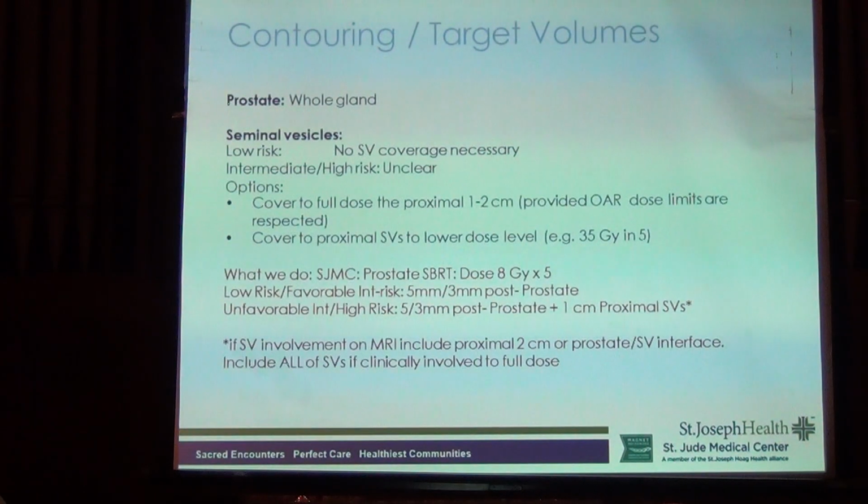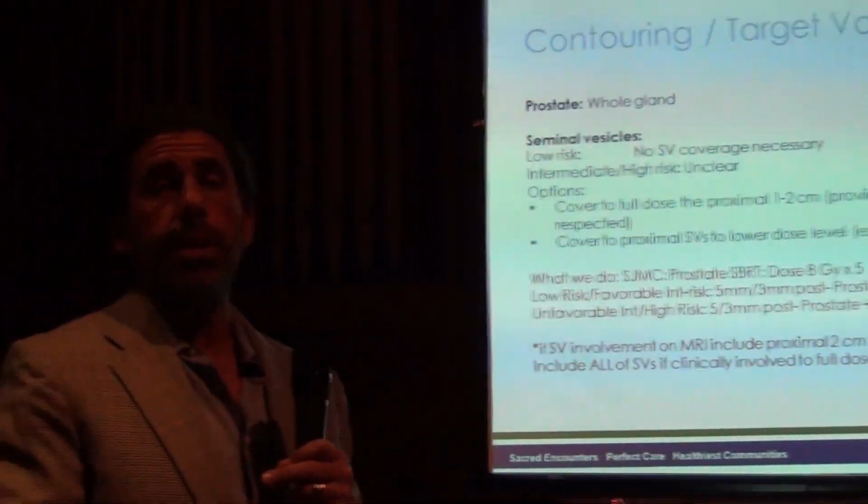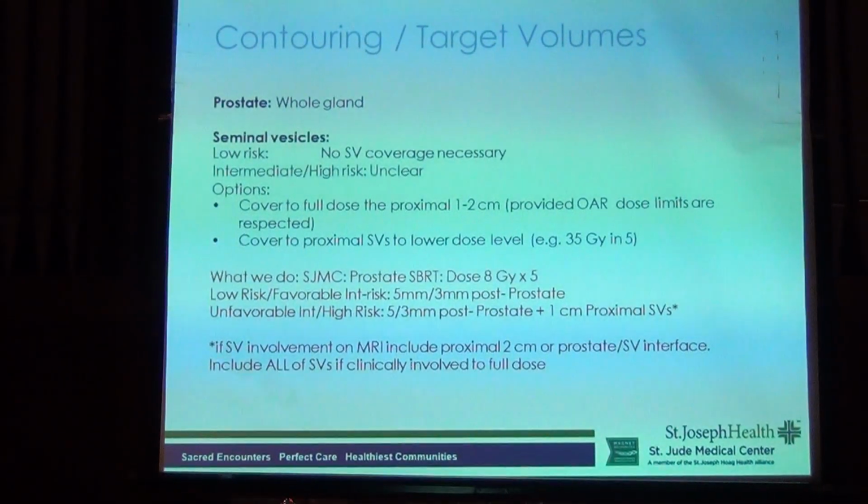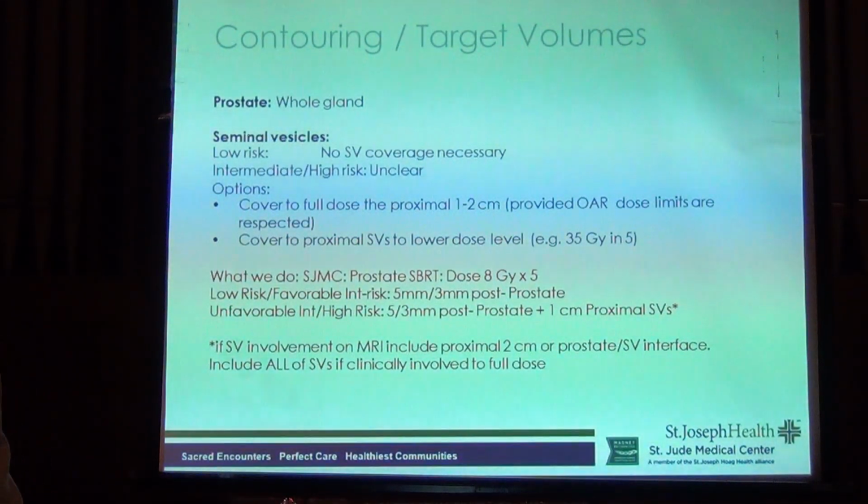And in fact, when they looked at autopsy specimens, there was a significant number of patients that had much higher grade tumors on autopsy than what they found on biopsy. So we don't want to leave that area untouched. And we treat the adjacent seminal vesicles, so we get a nice margin around there in case there's tumor outside of the prostate.